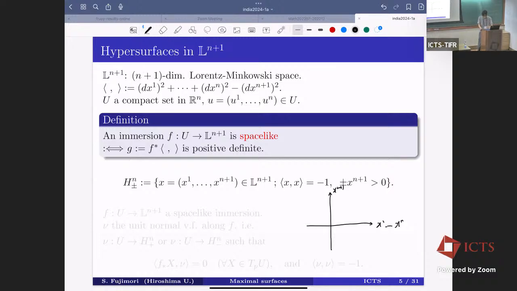Then we have the light cone here, and H^n_+ is the upper half of the hyperboloid, and H^n_- is here.